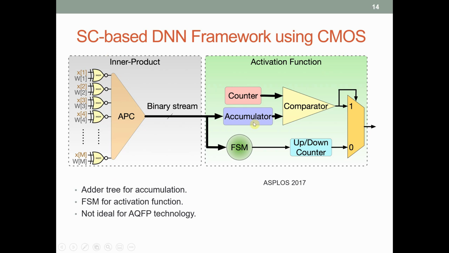Then we designed the activation functions using finite state machines. Previously, tanh was one of the very mature activation functions in stochastic computing. But because most current deep neural networks use ReLU, we extended the activation function to support sigmoid and ReLU. Those are all the works that we have done using stochastic computing, and we are one of the earliest to work in this domain.